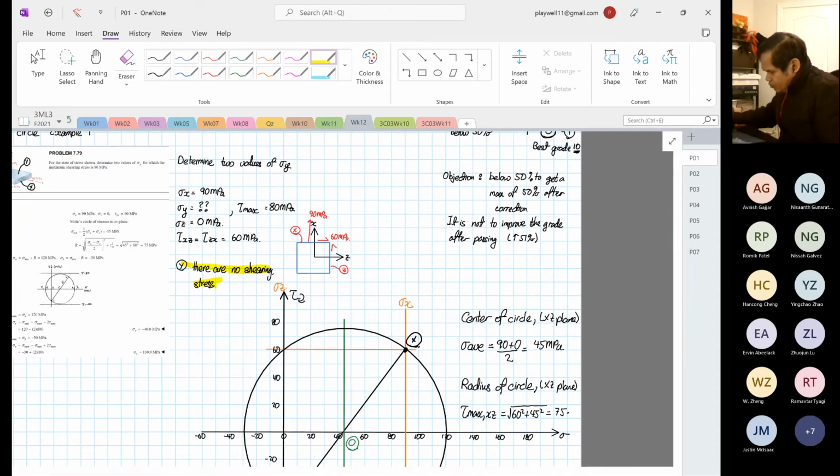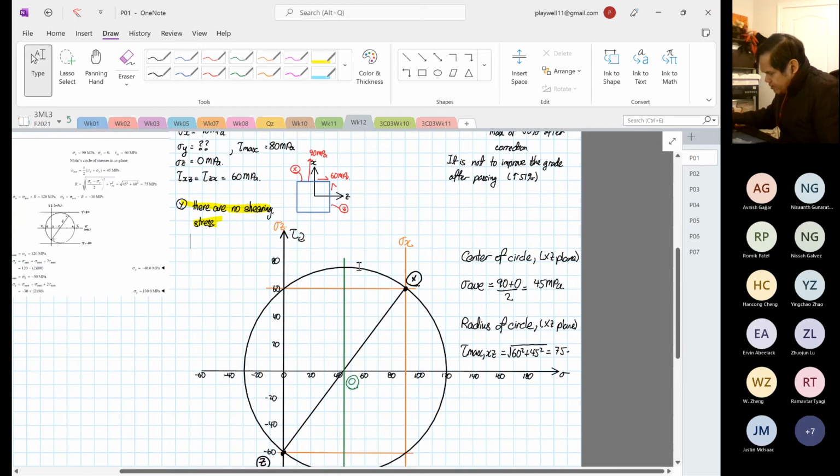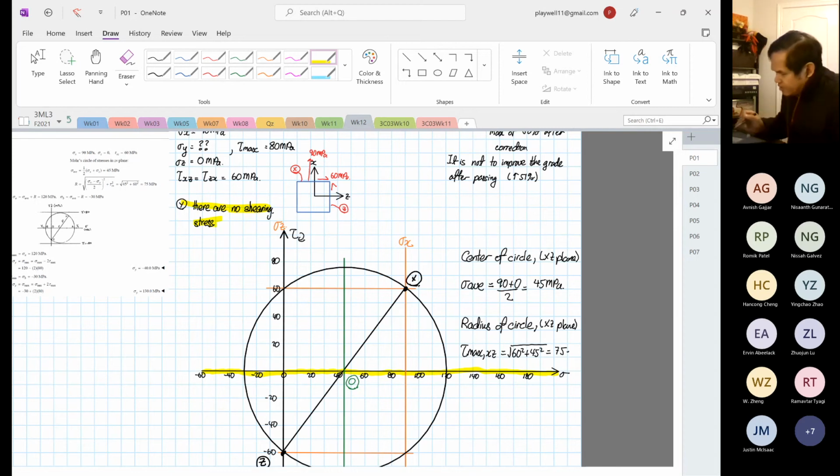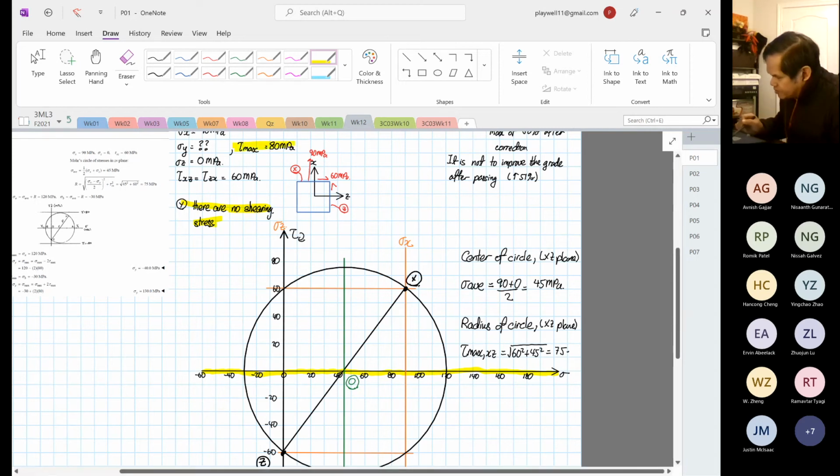So there's only one line where shearing stress will be equal to 0, and this is on this line that I'm highlighting in here. So point Y stress state has to be on this line. Where is it? We have to meet the criteria of the tau max that is equal to 80 megapascal.